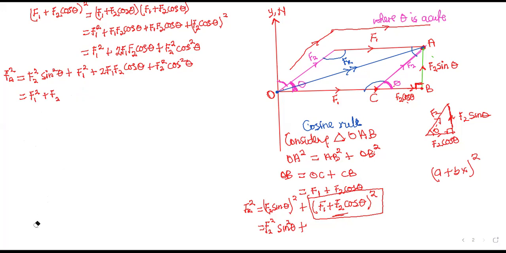Okay. Open your eyes. We are just deriving a formula which we'll use later. So F2 squared sine squared theta plus F2 squared cos squared theta. And finally plus 2F1 F2 cos theta.